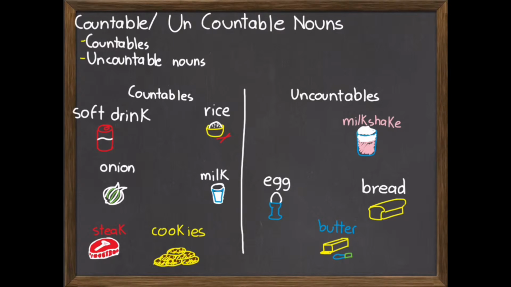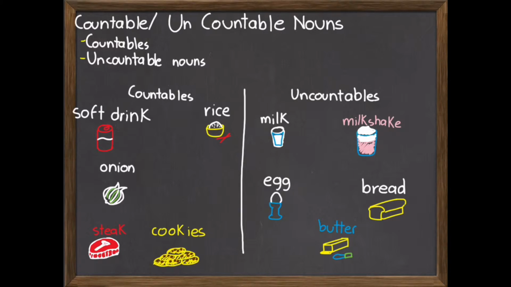Milk and milkshake are both uncountable words because they're liquids, so you cannot count how many liquids you're drinking. So it goes with uncountables. What about egg? An egg. Can you say an egg? Can you count the amount of eggs that you buy?